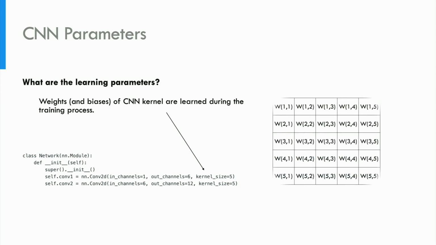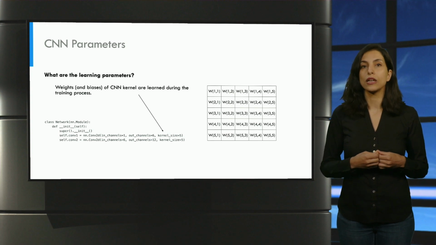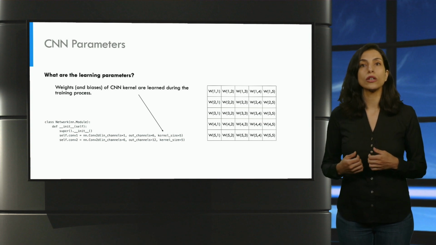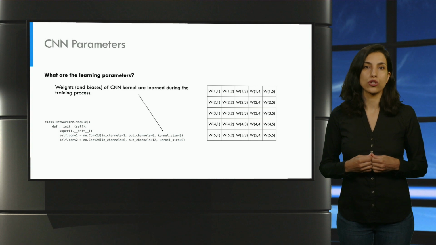For a kernel size of 5 by 5, at least 25 parameters are to be learned, excluding the biases. There are multiple filters for each convolutional layer in a CNN, where each filter detects different visual features. For example, one detects edges and the others detect color and texture in the image.